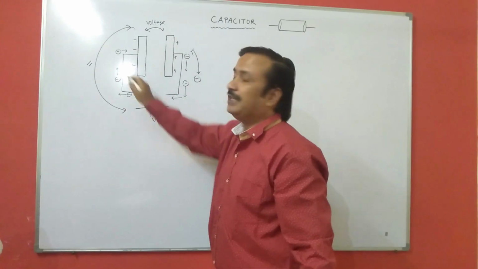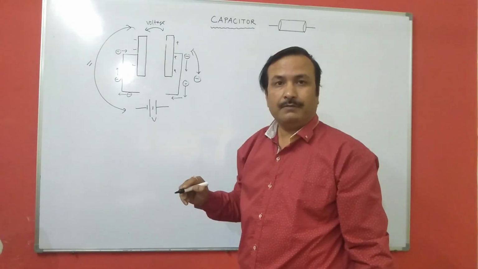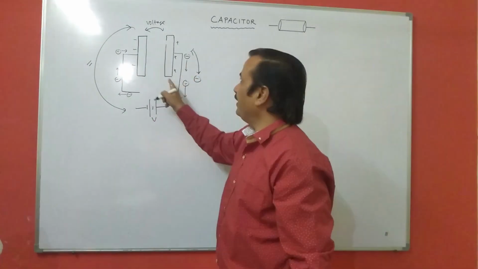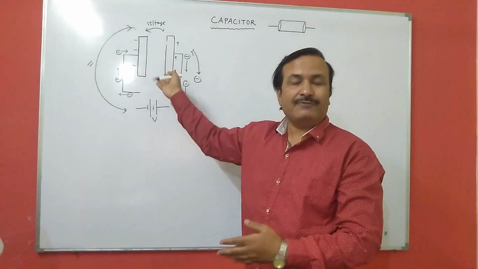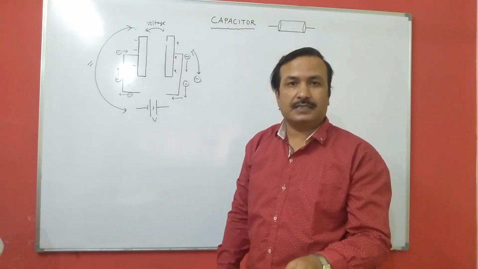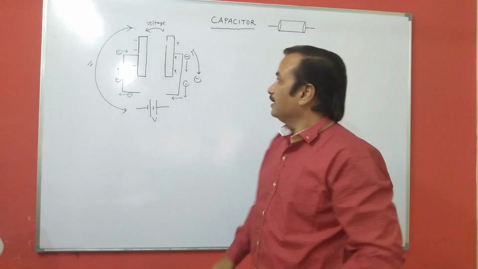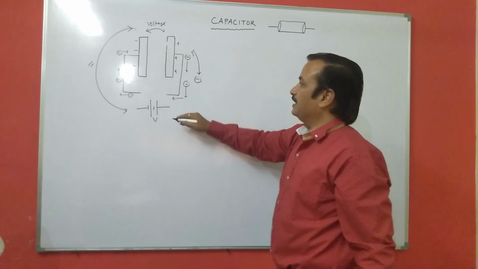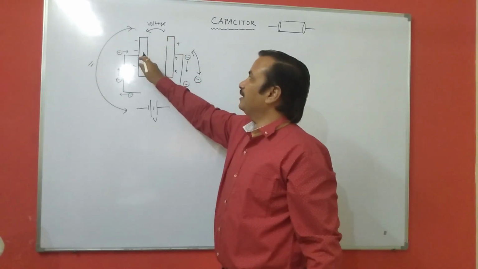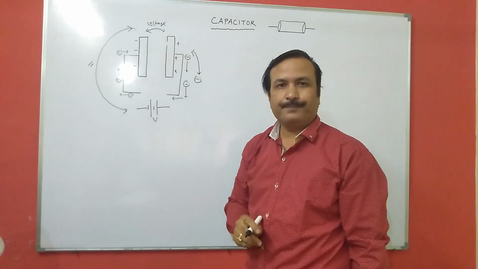Otherwise, this negative will continue flowing, right? And it will keep flowing continuously. So the plates will not be able to get charged or store the charges. Okay. So this process will continue until V becomes the voltage between the two plates.